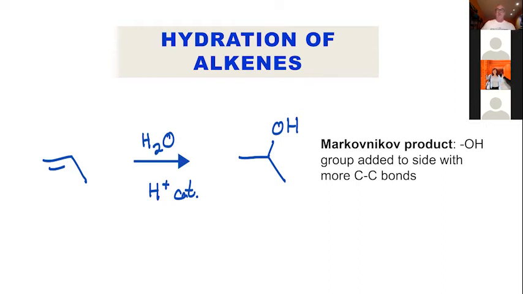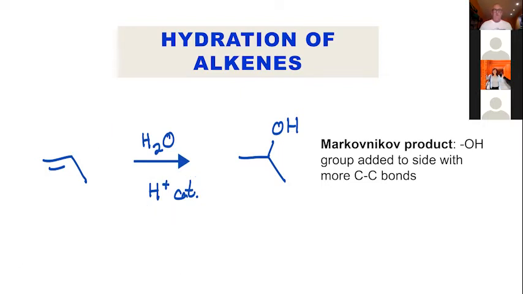So this one, instead of pumping in hydrogen, we're using water and a very strong acid catalyst. And so we're adding a hydrogen there and a hydroxyl there, using the Markovnikov rules of the hydroxyl goes to the carbon with more carbons attached to it. Hydrogen joins the carbon with more hydrogens attached to it. So that one we already know.